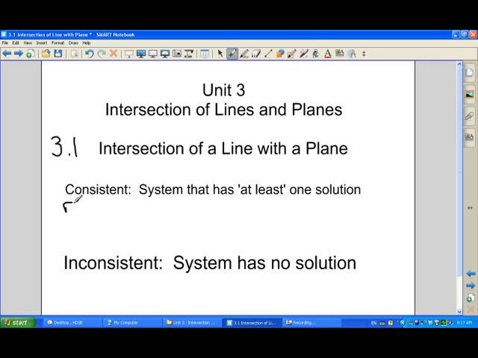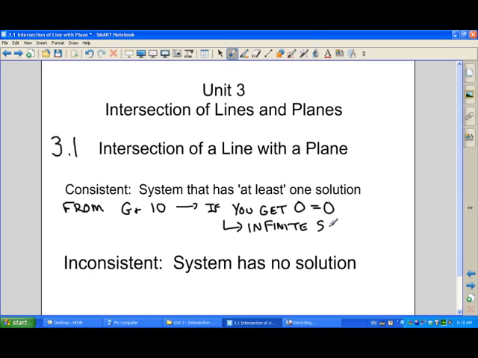We want to remember something from grade 10 when you were working on intersections of lines. If you end up getting, at any time, 0 equals 0, this is math's way of telling you that the system you're looking at has infinite solutions.